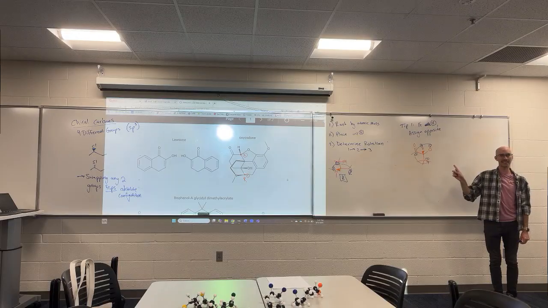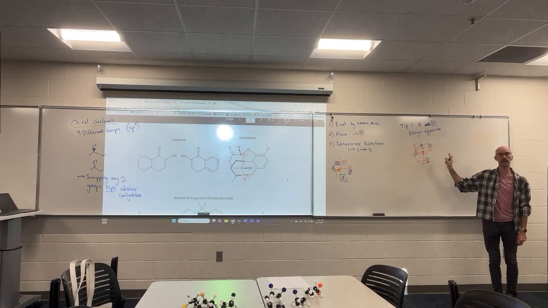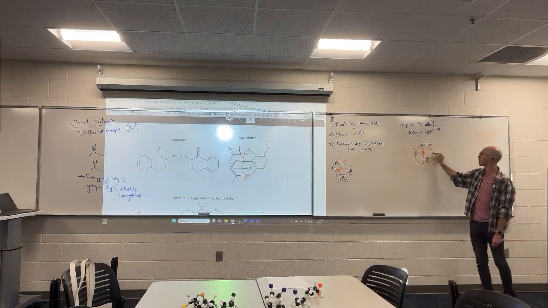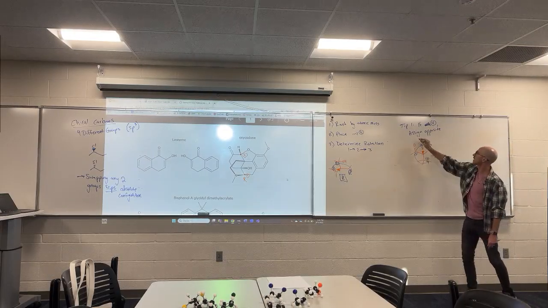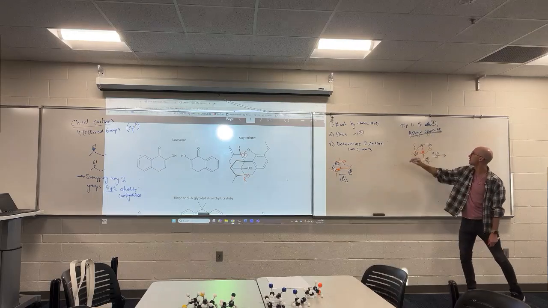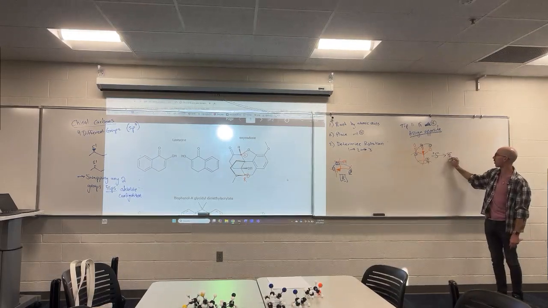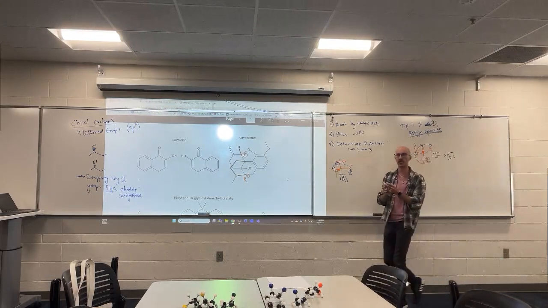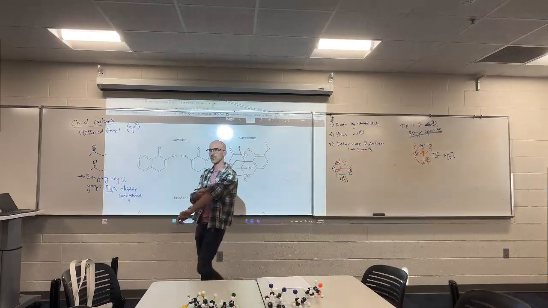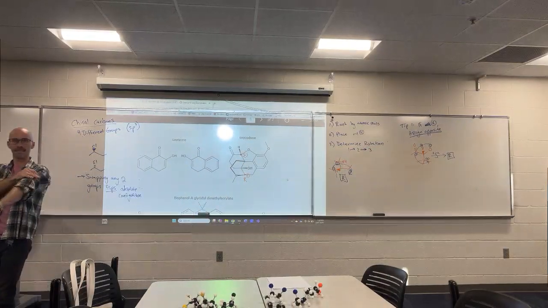It looks S. It's like looking at the clock being a number. It looks S, so we assign opposite. That is an R absolute configuration. You agree? You guys disagree?